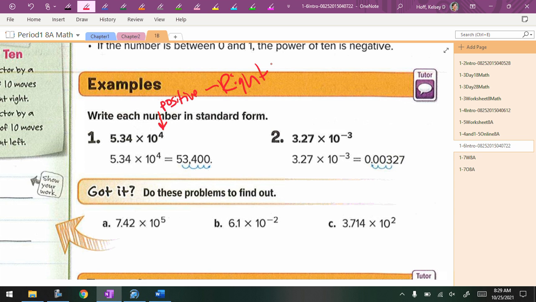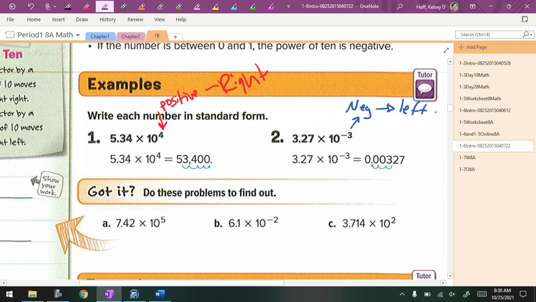So this tells you how many swoops we have to make. It was 5.34. 4 is positive. We go to the right. 1, 2, 3, 4 swoops. They had to put in a couple extra zeros because of the open swoops. The negative tells you move to the left.